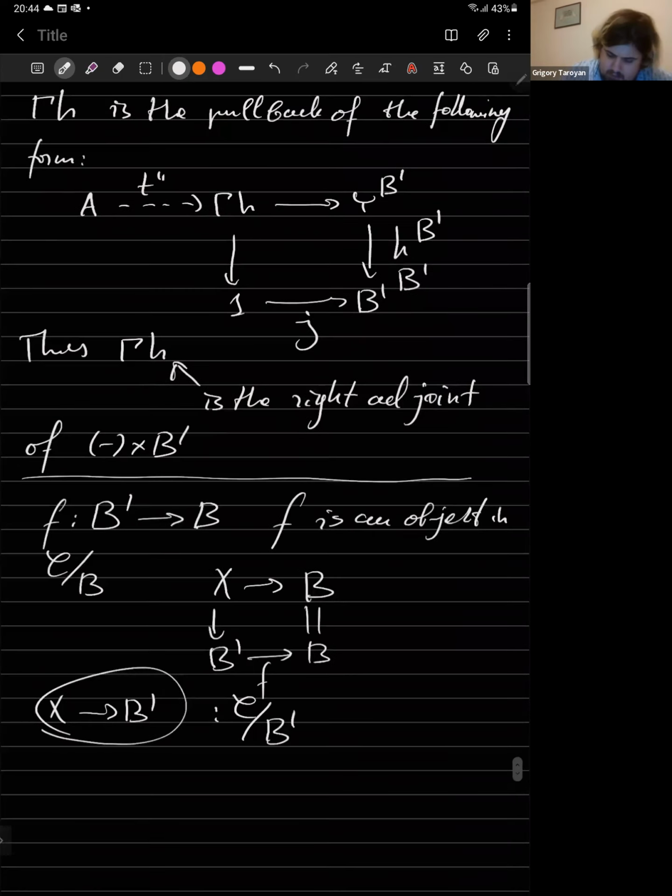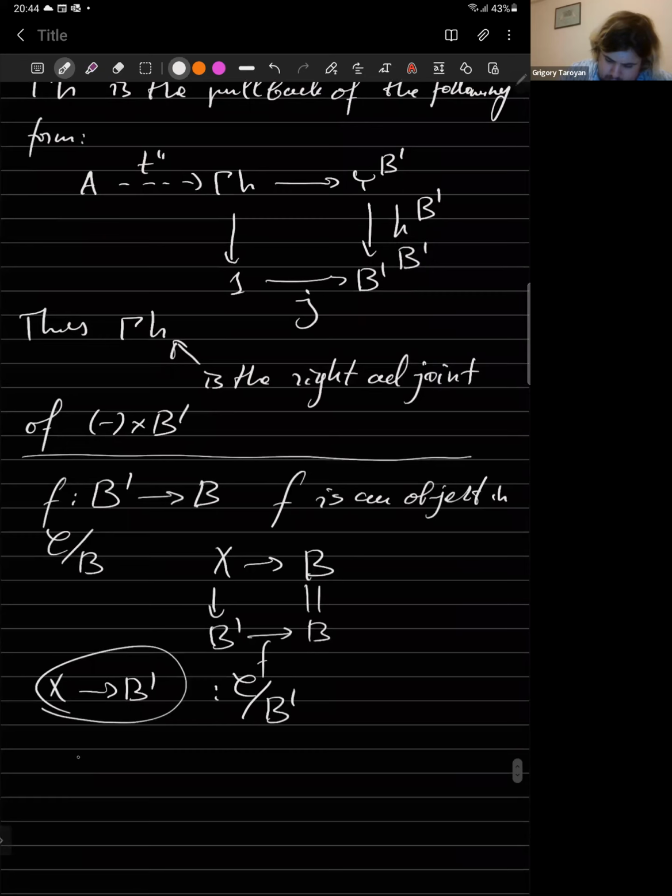And so we have an isomorphism of slice categories. So C over B over F is the same as C over B prime.